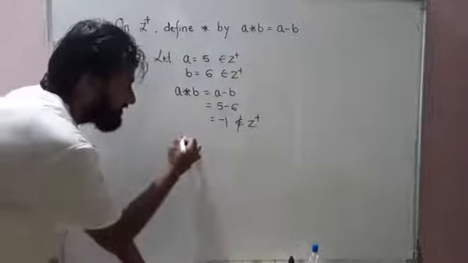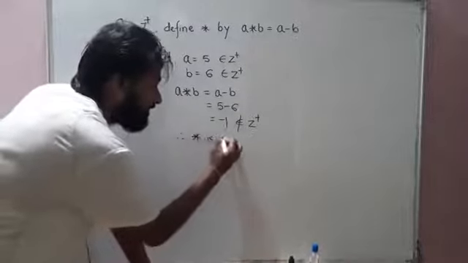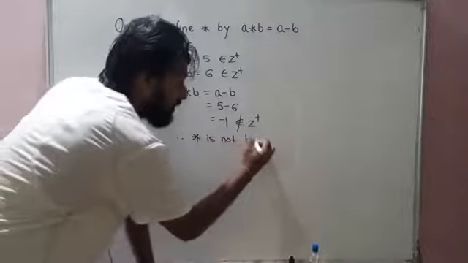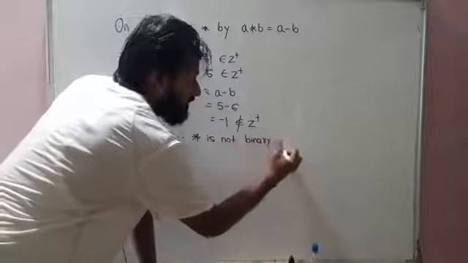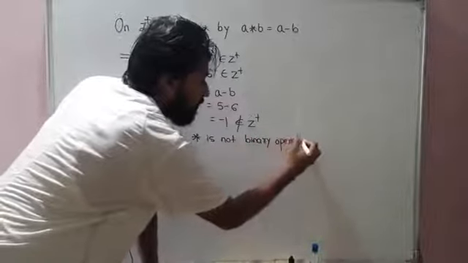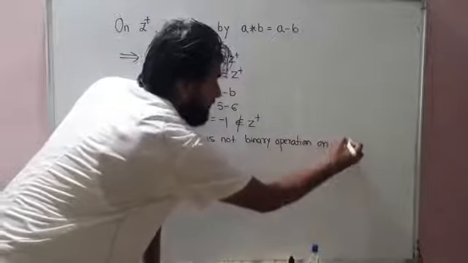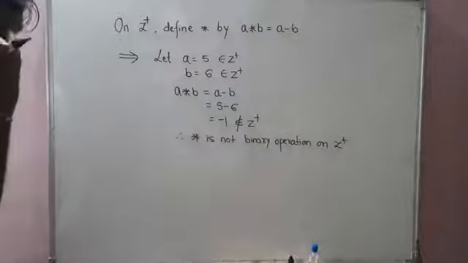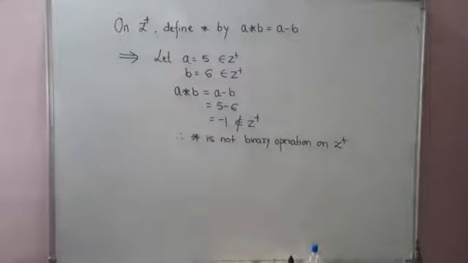So therefore I can say star is not a binary operation on Z plus. Yeah, so this is one question I have taken from the exercise. Please pause the video to note it down.